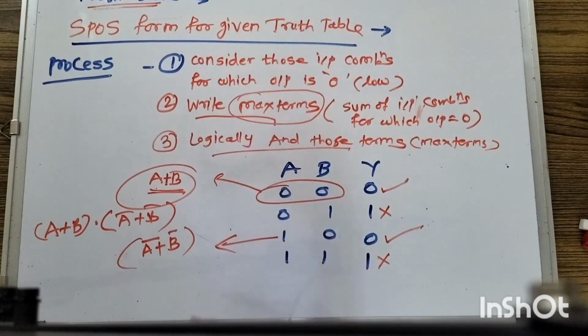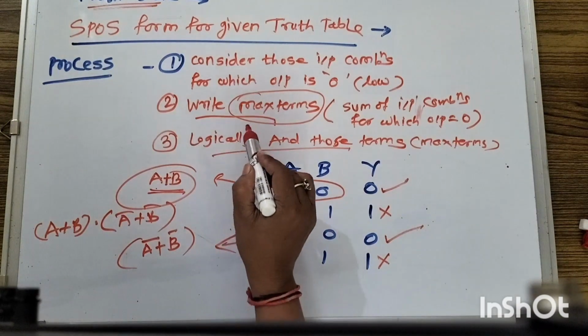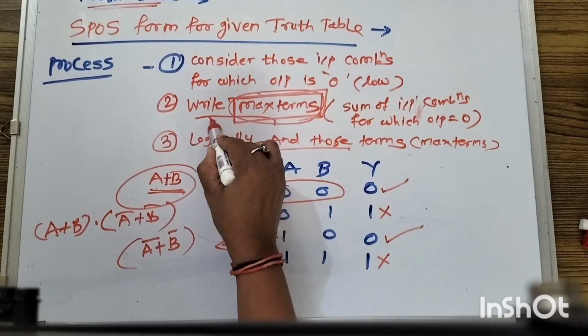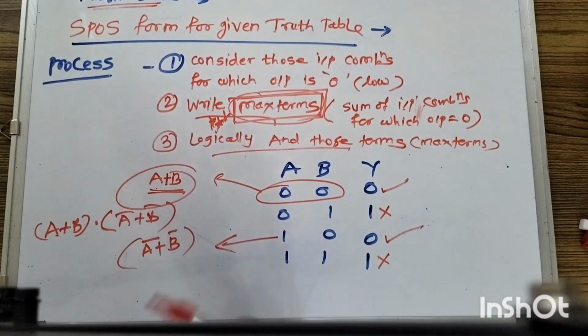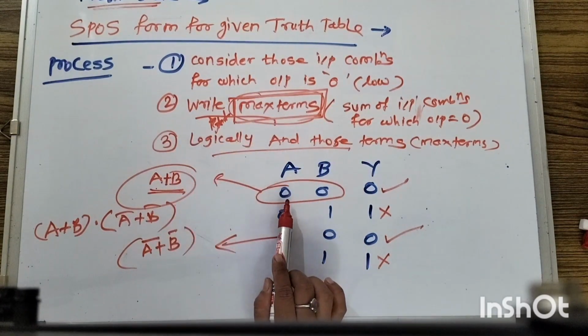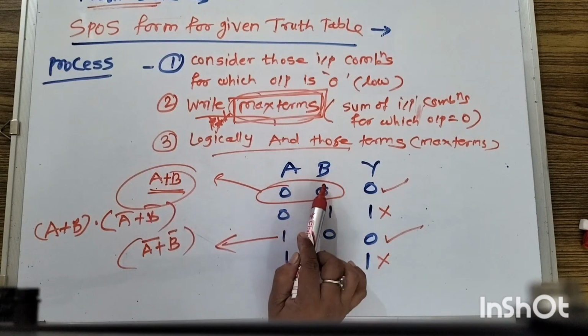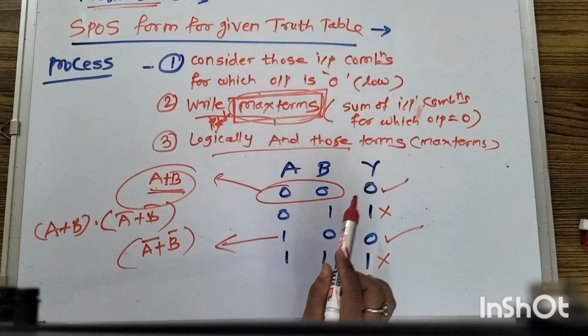But in max term, we are considering the opposite. It means if there is 0, we consider that as high value, and if there is 1, we consider that as low value. That is the difference. You have to remember this very important point, because in the exam a student might consider this 0 as A bar and this 0 as B bar, but we are writing max terms, so we have to consider the opposite values.